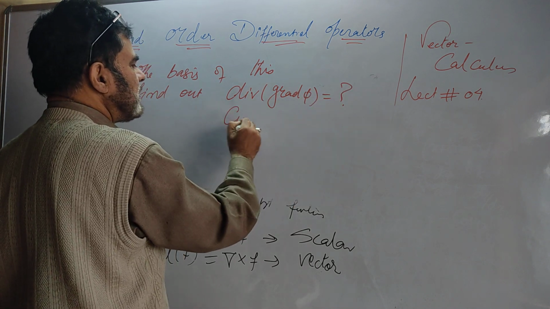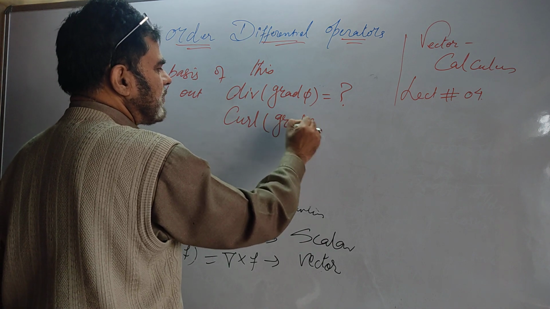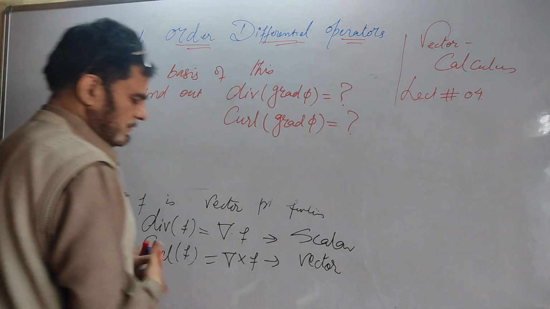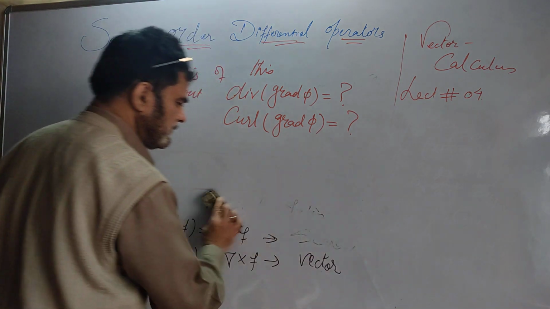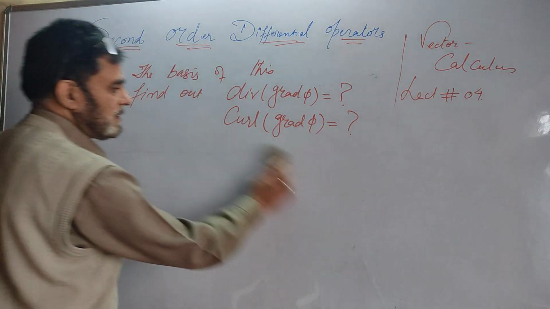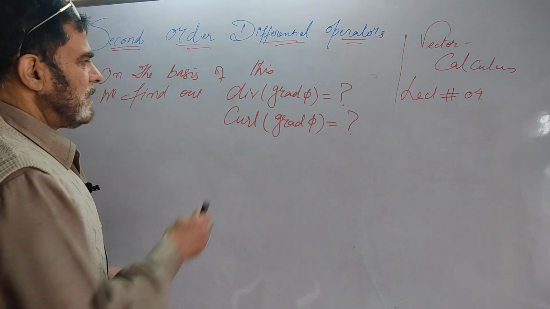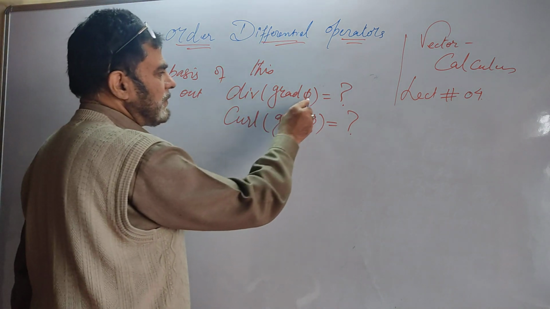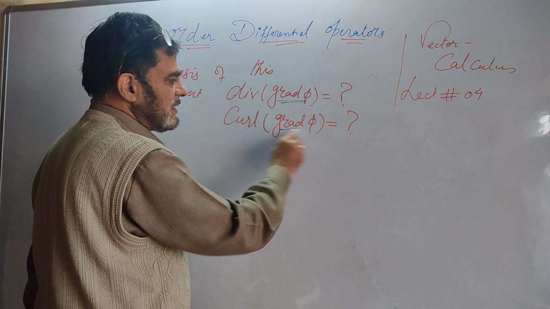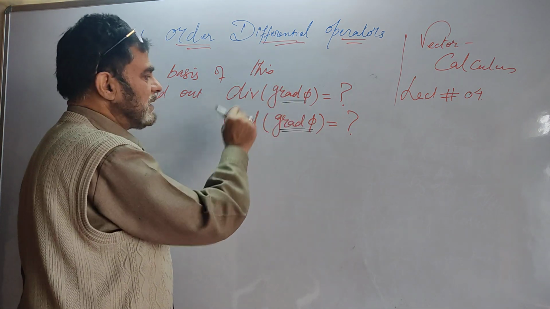We find the curl of gradient of phi. I have not yet evaluated what this is equal to. I am just telling you how we go, because phi is our scalar, gradient of phi becomes a vector. So we find the divergence of this vector, then the curl of this vector.